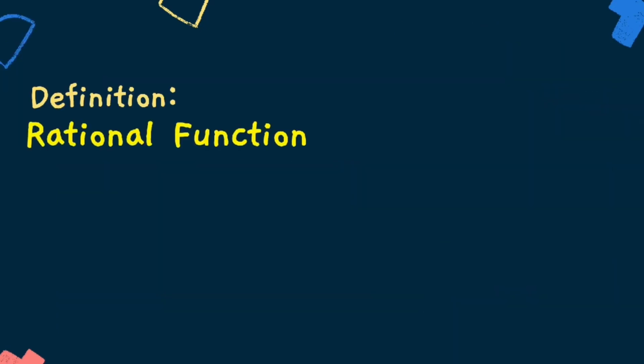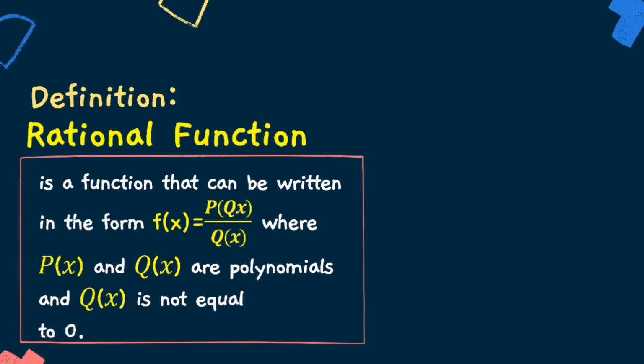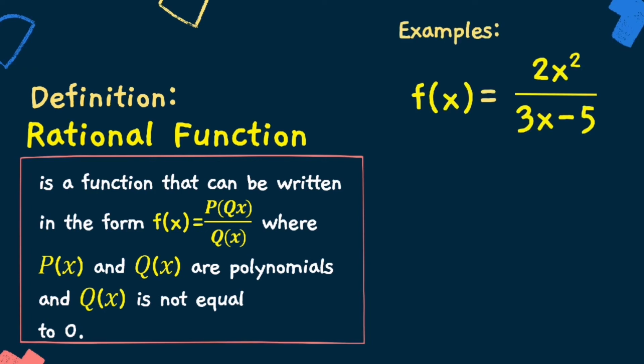Next, we have rational function. So we already discussed what a function is, and a rational function is a function that can be written in the form f of x equals p of x over q of x, where the numerator p of x and the denominator q of x are polynomials, and q of x, or the denominator, is not equal to 0. For example, we have here f of x equals 2x squared divided by 3x minus 5.